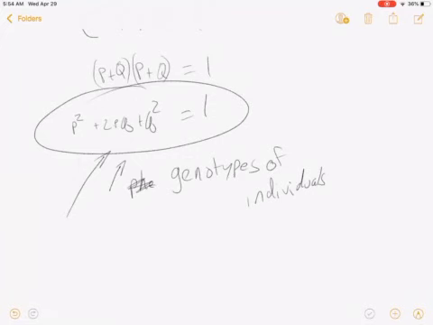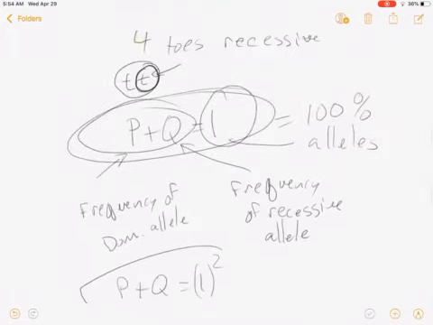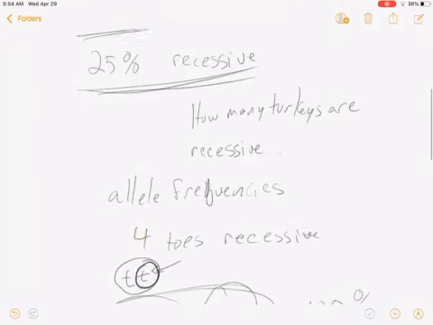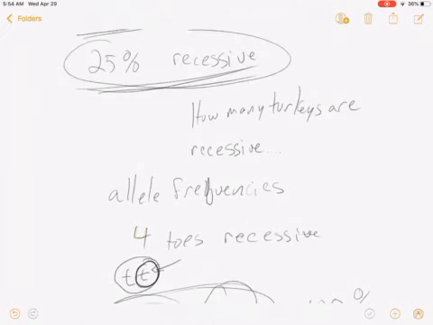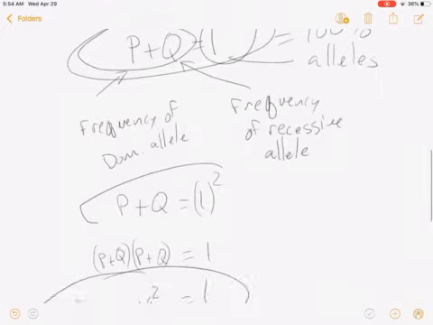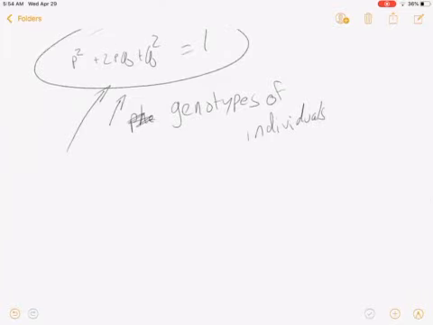So how do we solve a problem? Let's go back to our turkeys. We said 25% of them were recessive. The recessive individuals are going to have two of those q's, so they're going to be q squared.